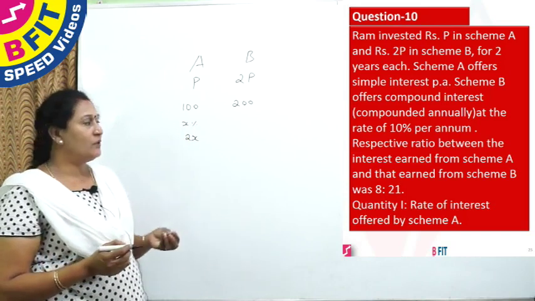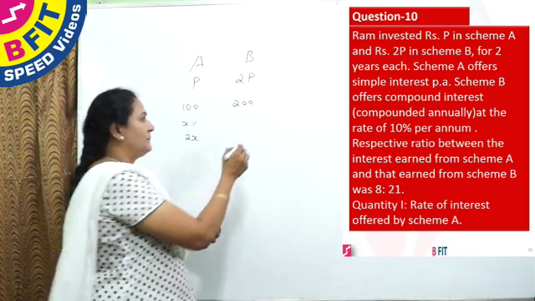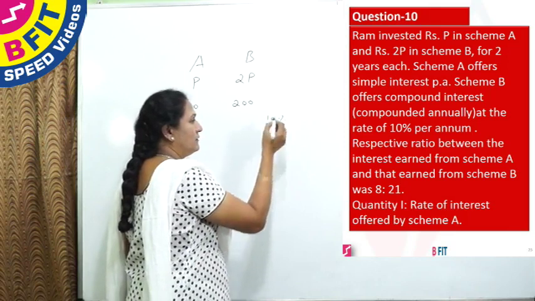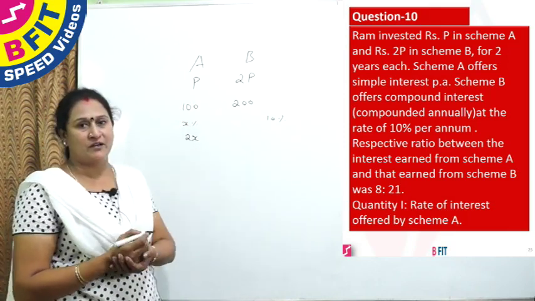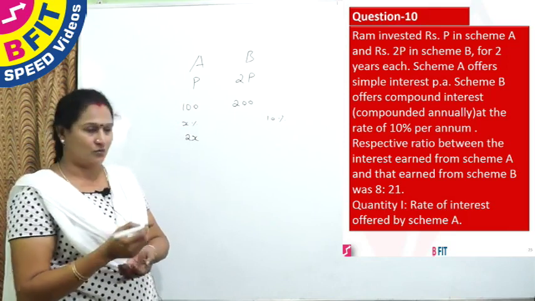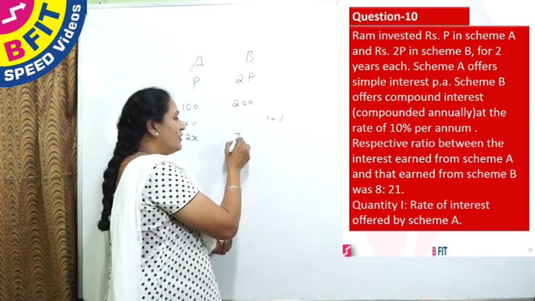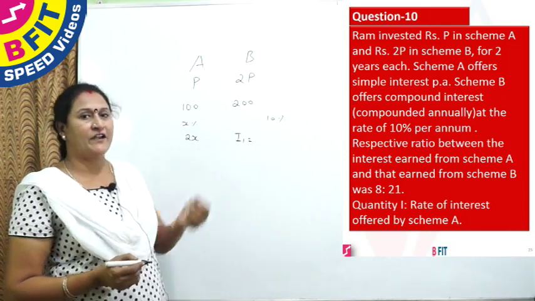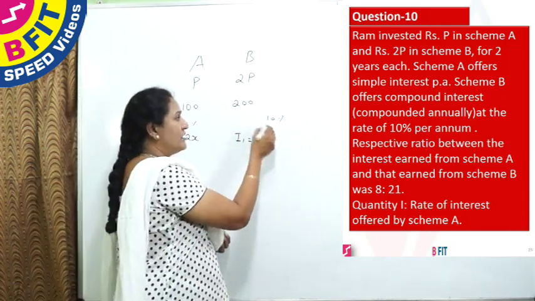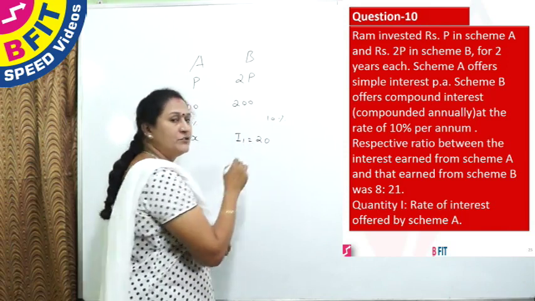And in scheme B, what is the rate of interest given? It is 10%. And now we have to find compound interest for 2 years for this 200. Using this I1, I2 concept, we can find compound interest for 2 years. For 200, we have to find 10%. What is 10% of 200? It is 20.